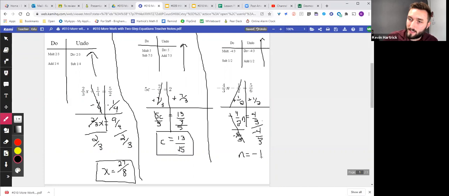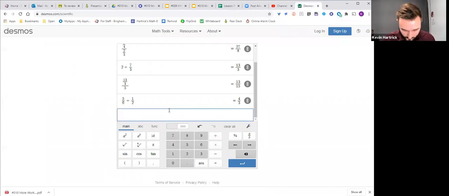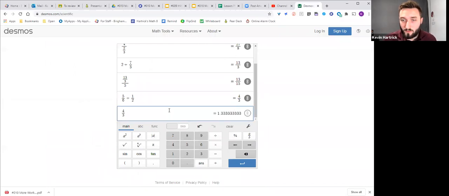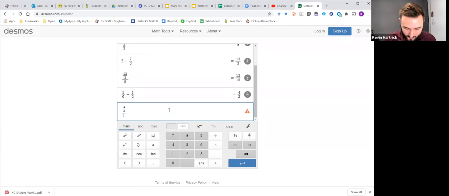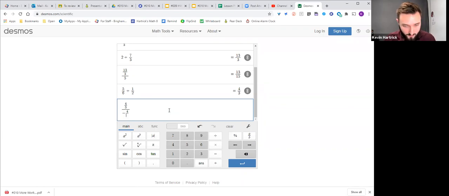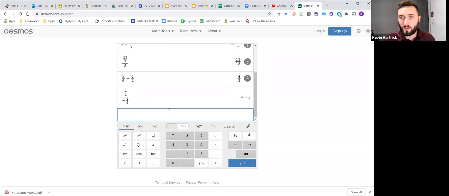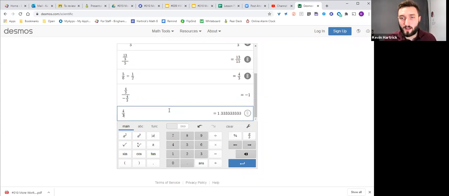So I think I should get -1, but I'm going to check in my calculator just to be sure. So 4/3 divided by negative 4/3. -1. There you go.